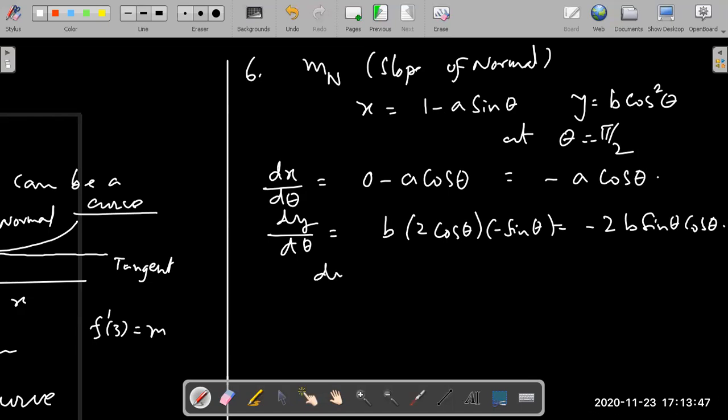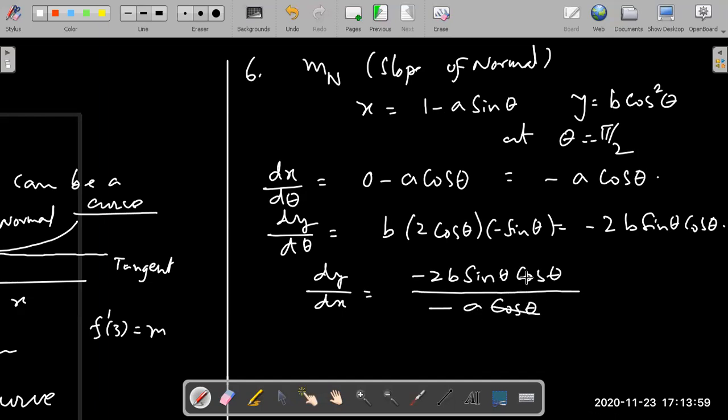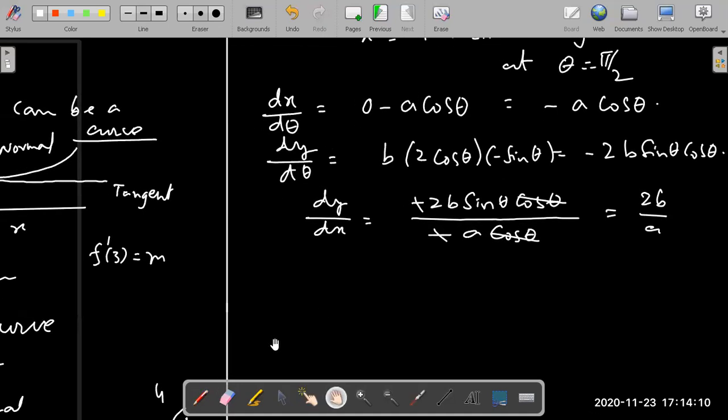So dy by dx equals minus 2b sine theta cos theta divided by minus a cos theta. So cos theta gets cancelled, minus gets cancelled, and that's equal to 2b by a sine theta.